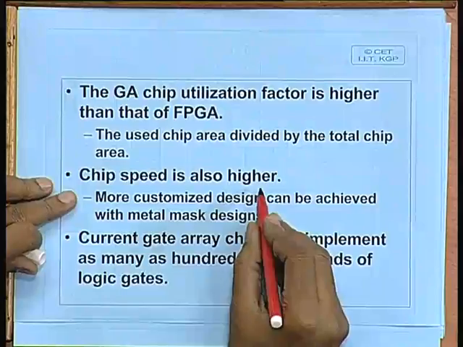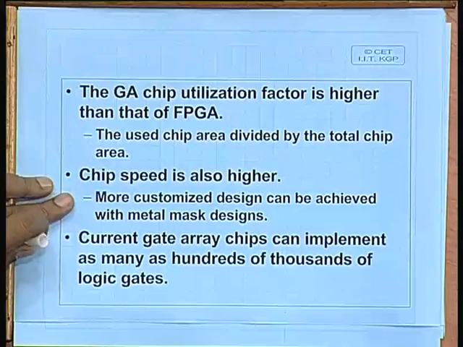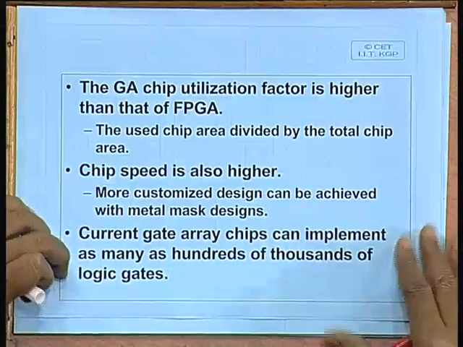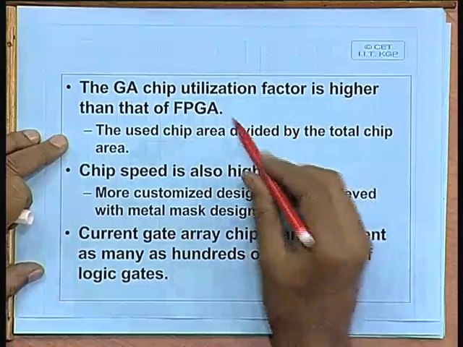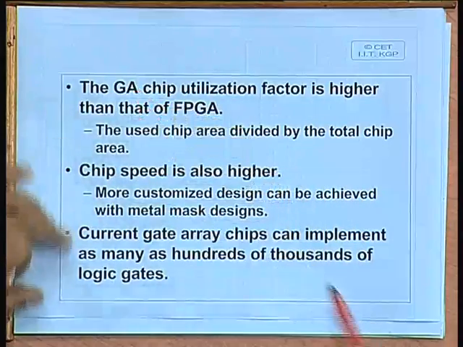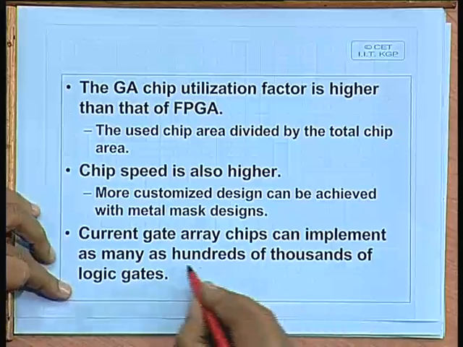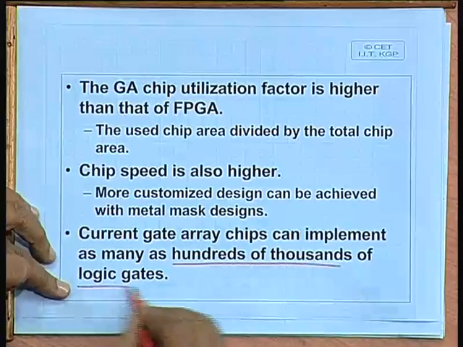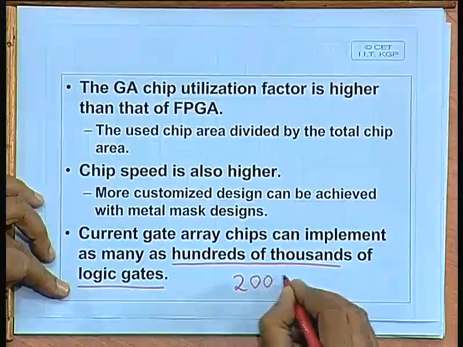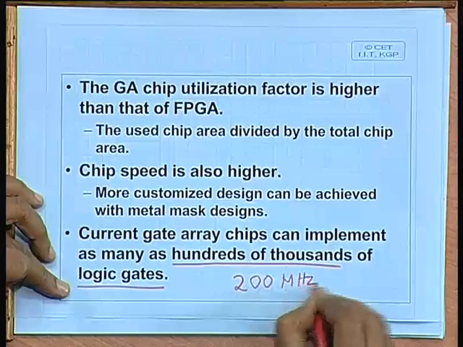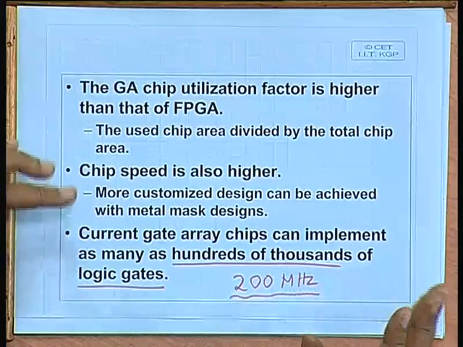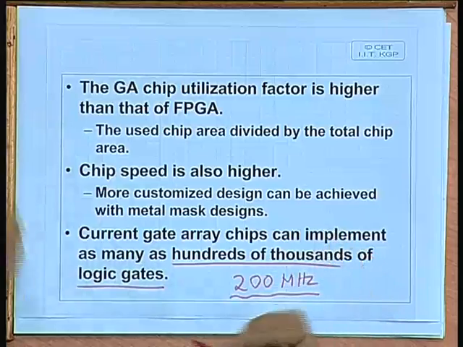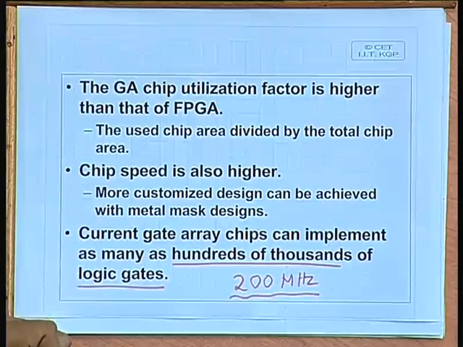Chip speed is also higher because all those useless things are not there. So with the present day gate array chips, you can have designs which can contain hundreds of thousands of logic gates, and they can work with reasonable speed, say around 200 megahertz or so. These are the typical kind of performance you can achieve out of a gate array based design, right.